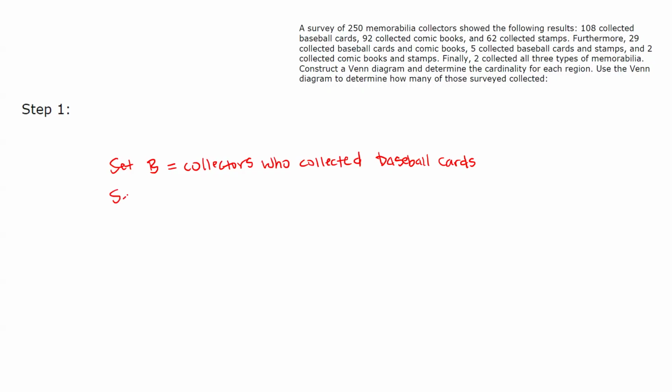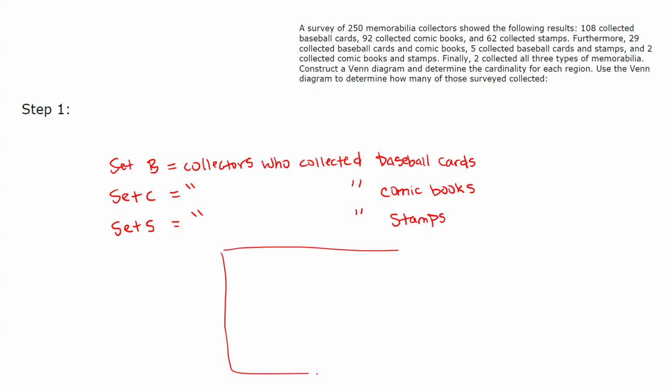We'll let set C be the collectors who collected comic books. And we'll let set S be the collectors who collected stamps. So that means we have 3 sets. So if we draw our Venn diagram here, you'll have 3 circles.